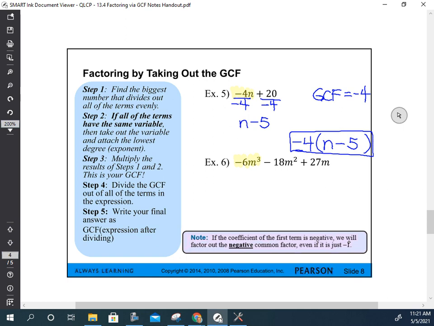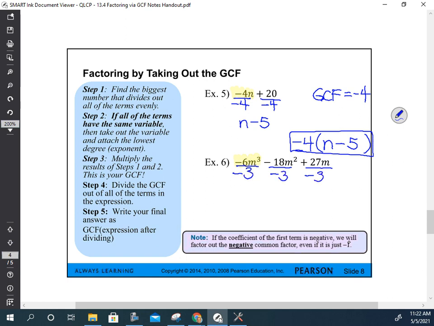Now, in example 6, we're going to end up taking out a negative, a number, and a variable because it started with a negative. So the first term starts with a negative. That means you're going to have to take out a negative. Looks like we can take out 3.